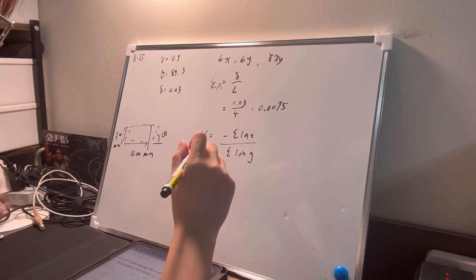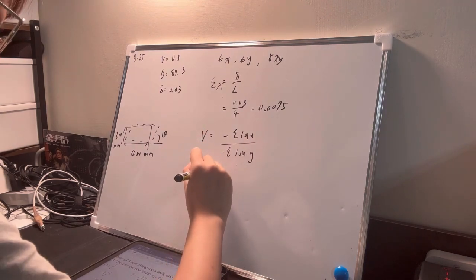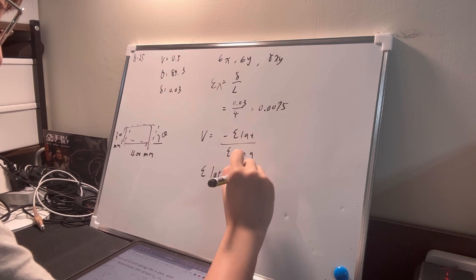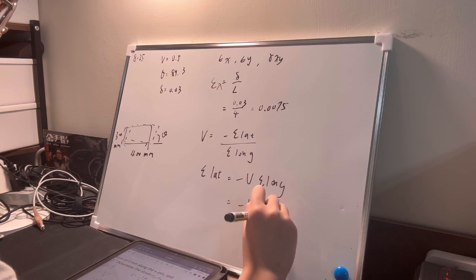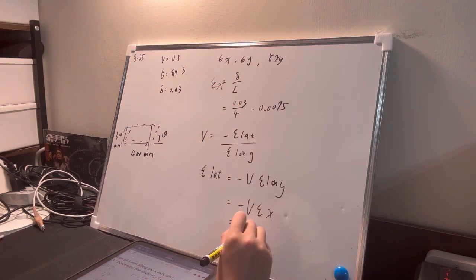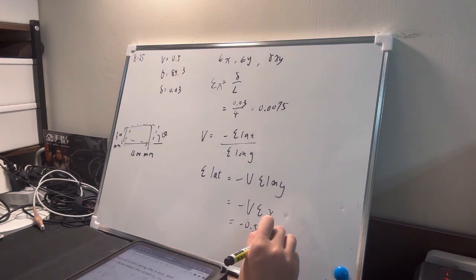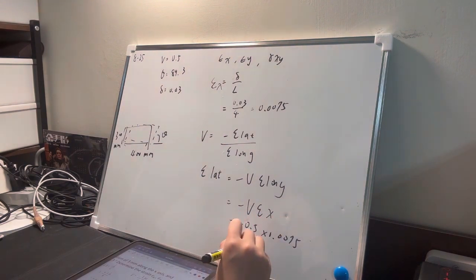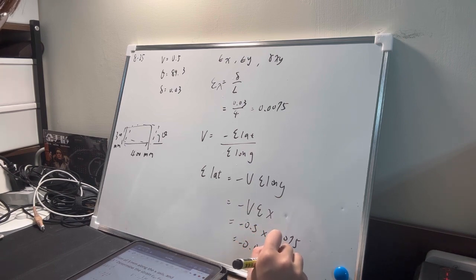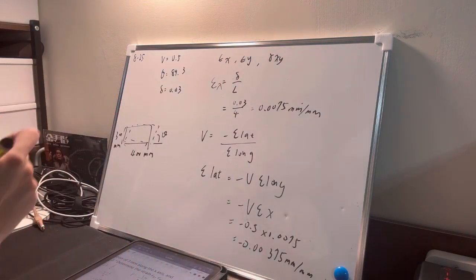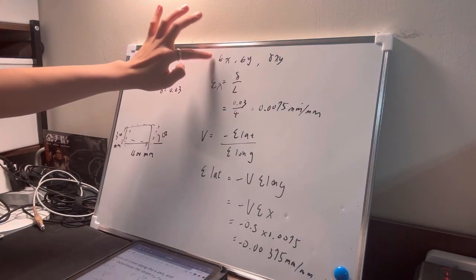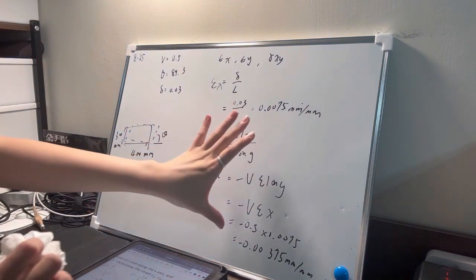So basically we know LAT is minus V times LONG here. X we all know here, so minus 5. The question gave us, and just what we calculated, and it's minus 0.00375 mm. So this is what we need, this and this one. It's easy, the answer of these two.